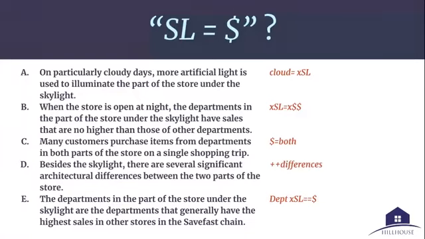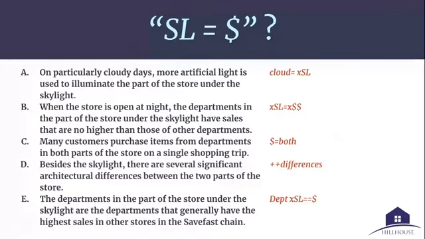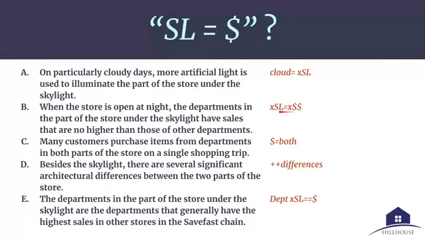So this says even the departments with no skylight equals the same amount of money. So I think just by looking at this, you should be able to figure out that the answer here is B, because it's saying no skylight equals no extra money, which supports that the skylight causes more money.